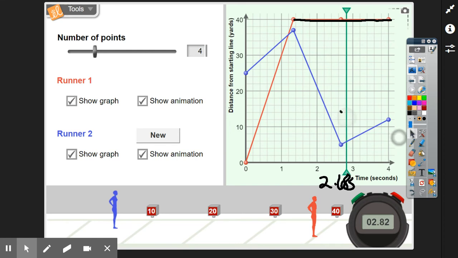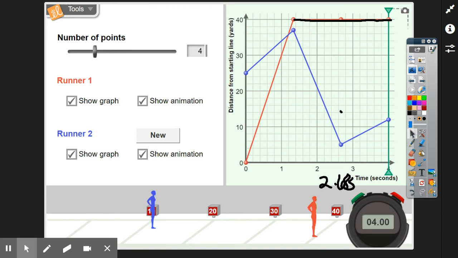So she turned around and now she's coming back towards this other direction. So you can see using these models, these little runners, that these line graphs are really showing you which direction the runner is going, the movement of the runners.